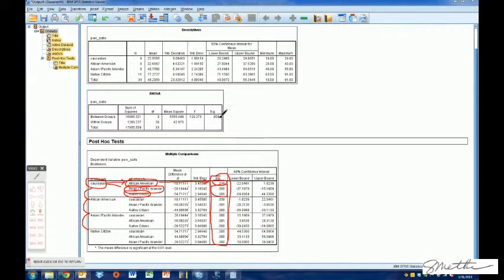So that's really just what to pay attention to. Again, this overall significance level, I'd pay attention to the means, and then these significance levels here, and what these significance levels are actually saying in terms of the comparison among the different groups. Very straightforward exercise here.